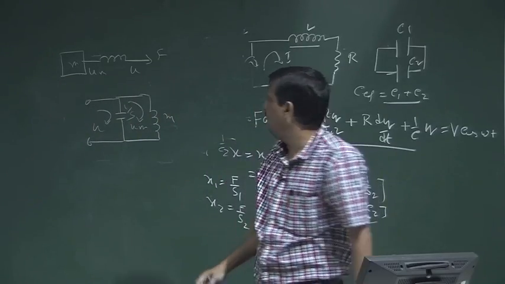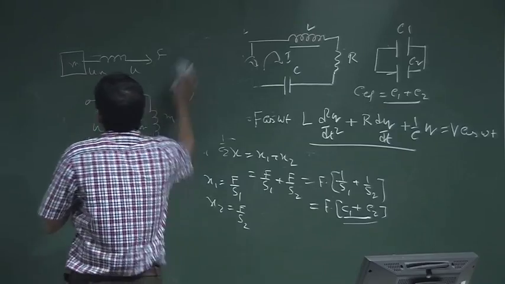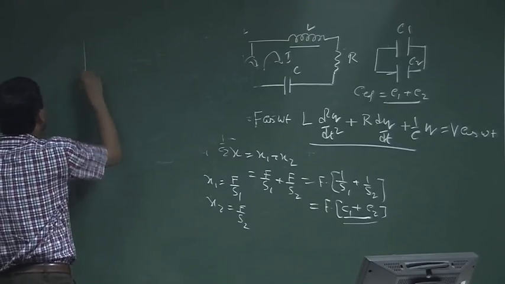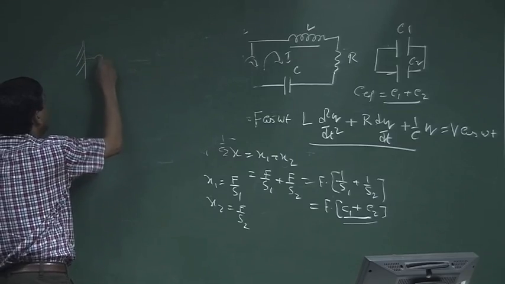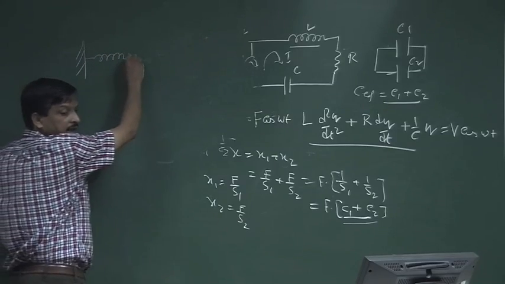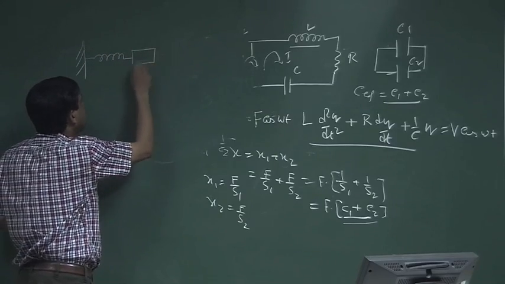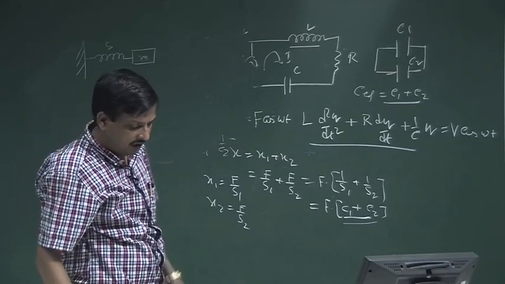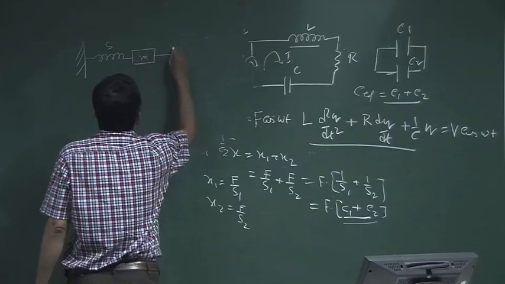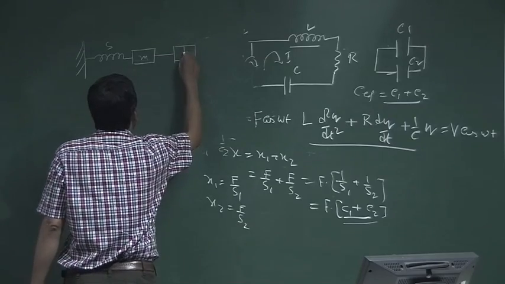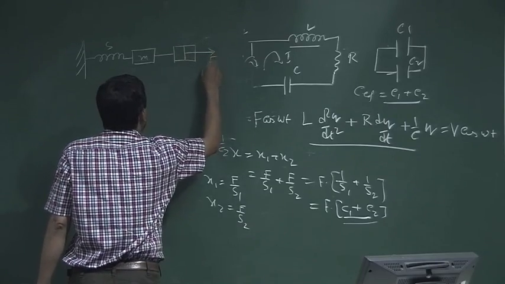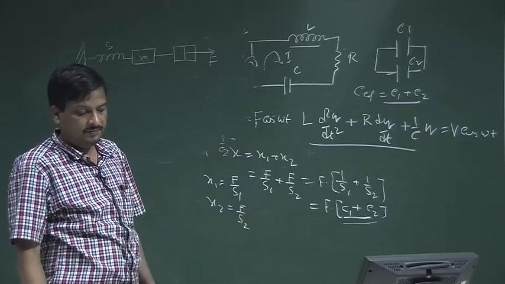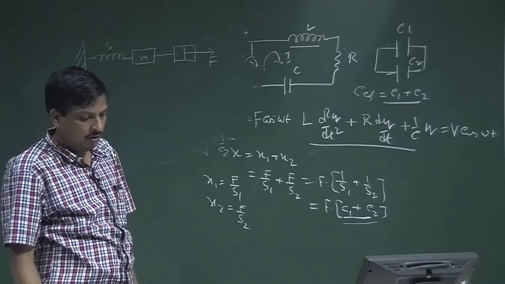Okay. Similarly, let us take another example, like this. Let us say I have a ground and a spring. Then I have a mass M; this is S, this is M, and then I have a mechanical impedance, and I apply a force here.